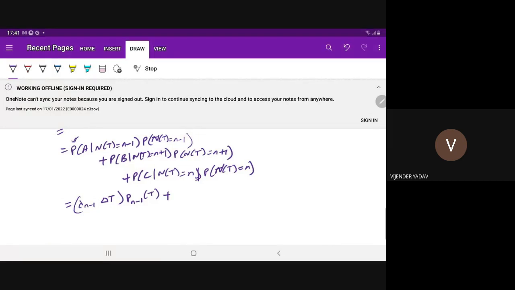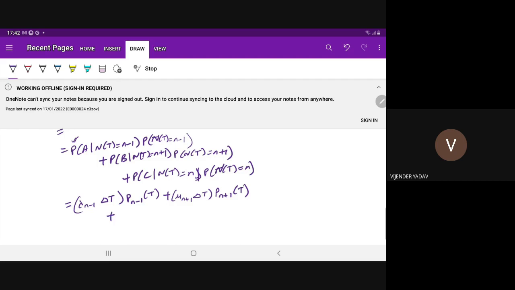Similarly, what is P of B given N(t) is equal to n plus 1? It will become mu n plus 1 delta t into P of N(t) is equal to n plus 1, that is p n plus 1 of t.